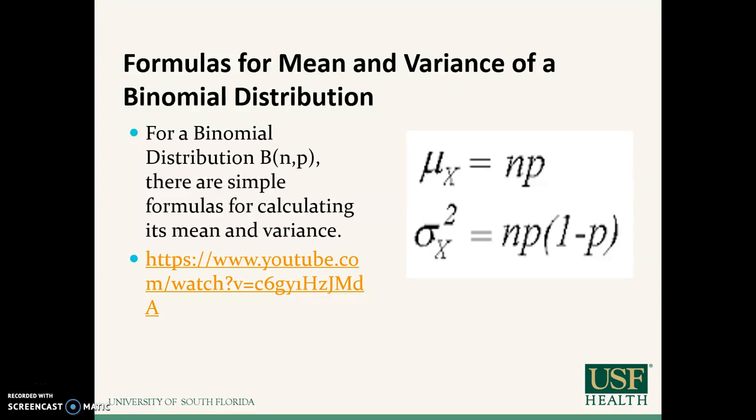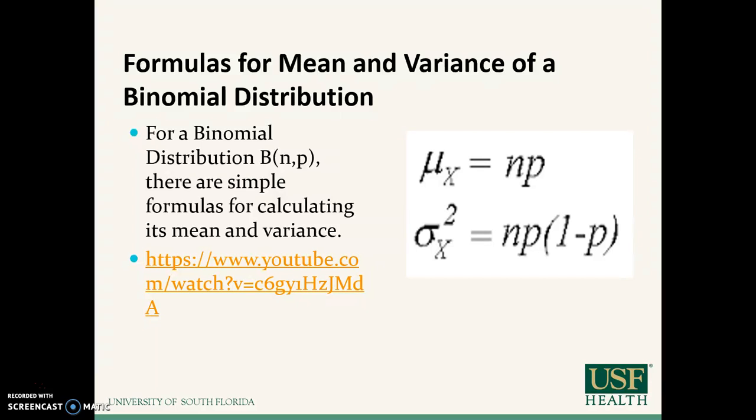For the binomial distribution, if you want to compute the mean and the variance, there's a shortcut. You don't have to use the definition of the mean and variance for a general PMF, probability mass function. So for a binomial distribution B(n, p), there are simple formulas for calculating its mean and variance.